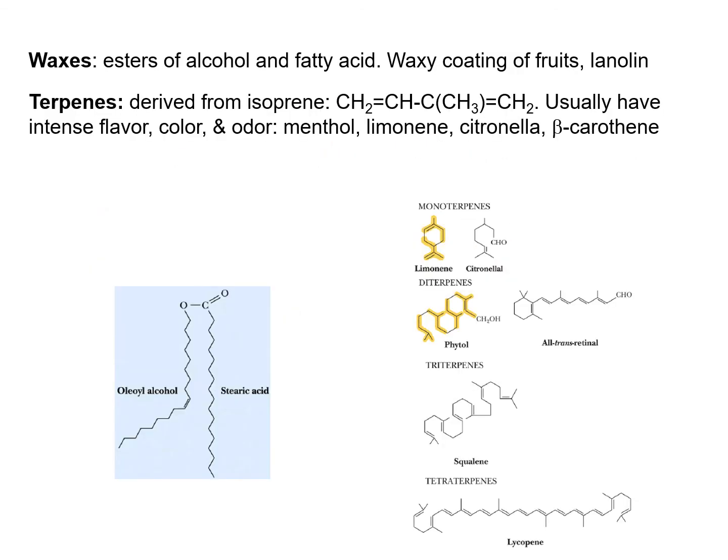Let's come back all the way up to the different classes of lipids, and talk briefly about these two classes. The first one is waxes, which are esters of an alcohol and a fatty acid. They can be used for the waxy coating of fruits, as with lanolin. Terpenes are another type of lipid, derived from isoprene, whose structure is written here.